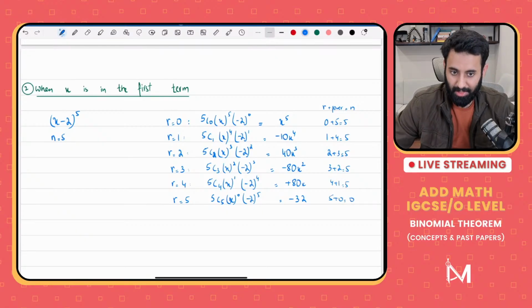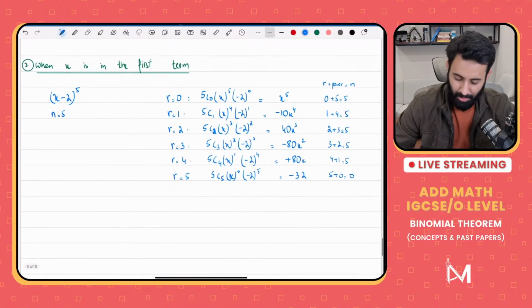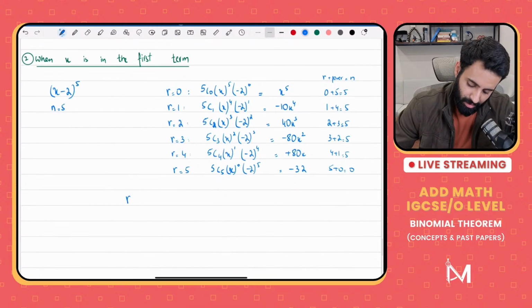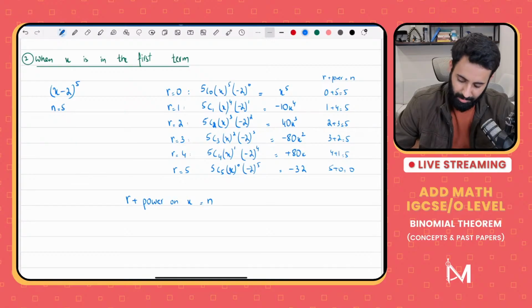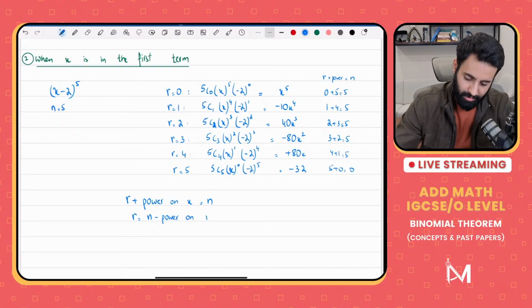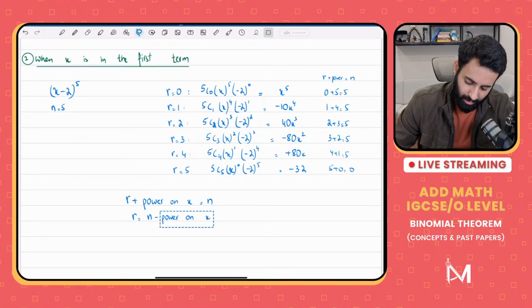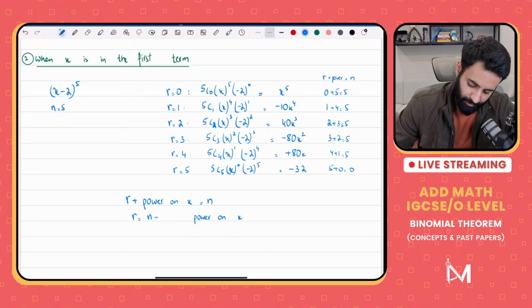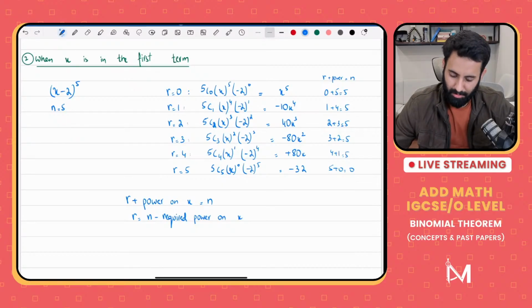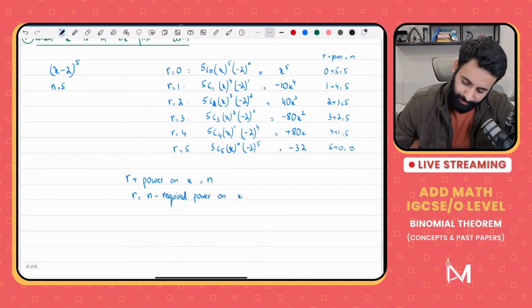So that means a standard formula could be made, and we can say that r plus the power on x is equal to n. So if I make r the subject, r is equal to n minus the power on x. So we write it as n minus the required power on x, which means another note coming.